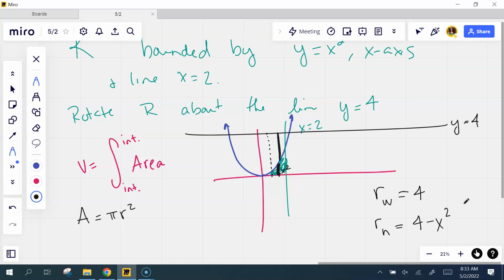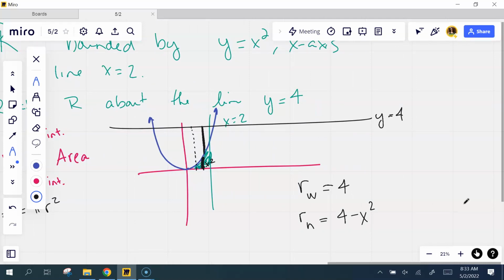Once you find the radius, the rest is downhill, okay? Because how do you find the area of a circle? Pi r squared. So the area of the whole thing is pi r squared, which is 16 pi. And the area of the hole is pi.